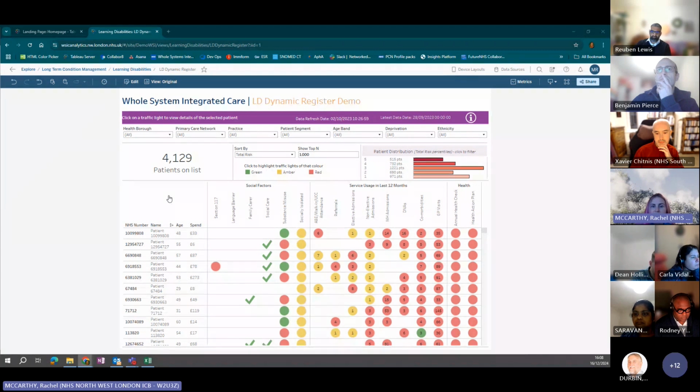So this is a list of patients that would be shown who meet the criteria. The criteria in this case is anybody with a learning disability condition recorded, and that information comes from the GP records. This dashboard was particularly created in order to understand per patient how much of a risk they had of attending hospital or having poorer health outcomes.